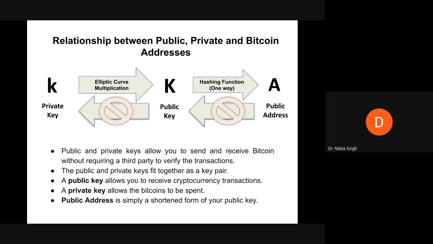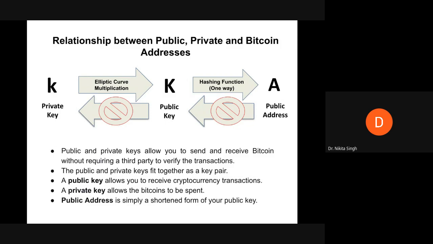So as mentioned here, you have a public key and a private key, which allow you to send and receive Bitcoins. This combination of public and private key allows you to perform transactions without the need of a third party. And this public key and private key together form your key pair.